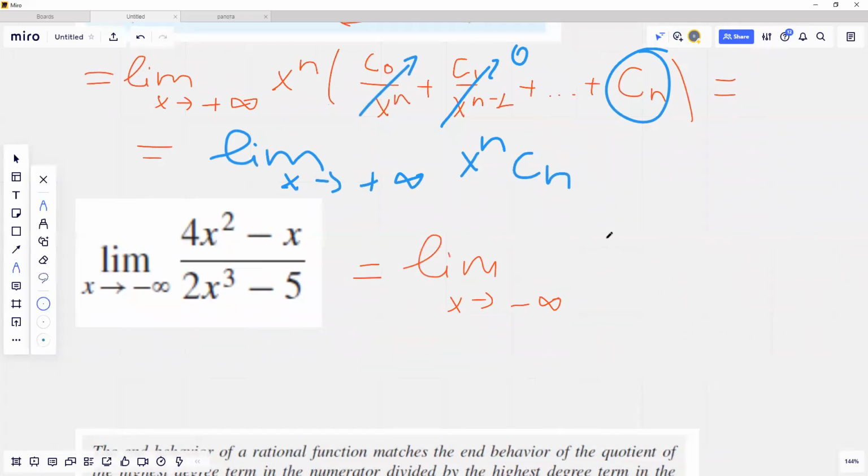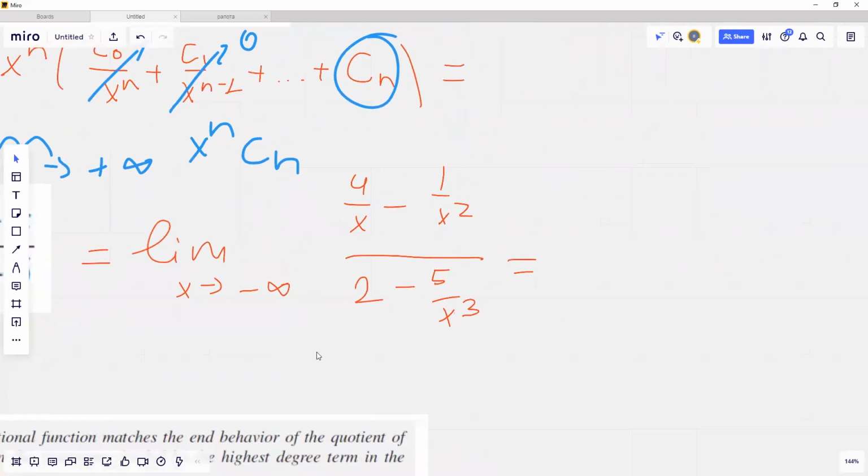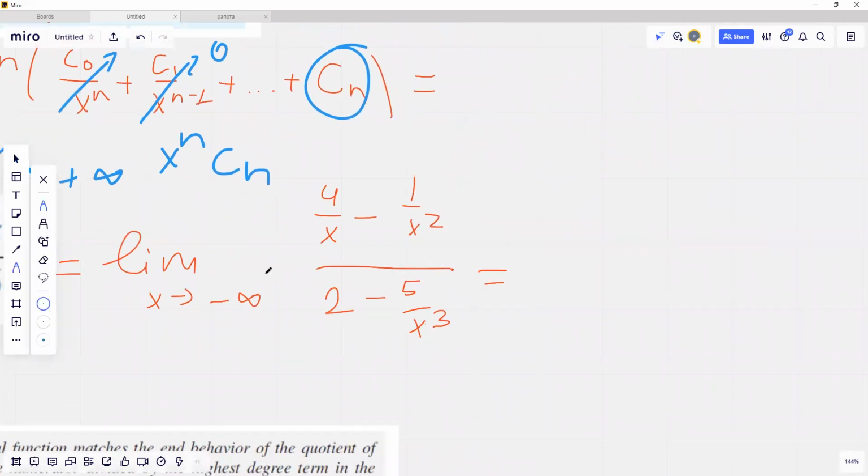We can divide both numerator and denominator by the highest term in the denominator. We'll end up with 4 over x minus 1 over x squared. In the denominator, we have 2 minus 5 over x cubed. So we divided both numerator and denominator by x cubed. Now let's see whether we can use limit laws here. Now the limit of the function in the numerator is equal to 0, and the limit of the function in the denominator as x goes to minus infinity is equal to 2.